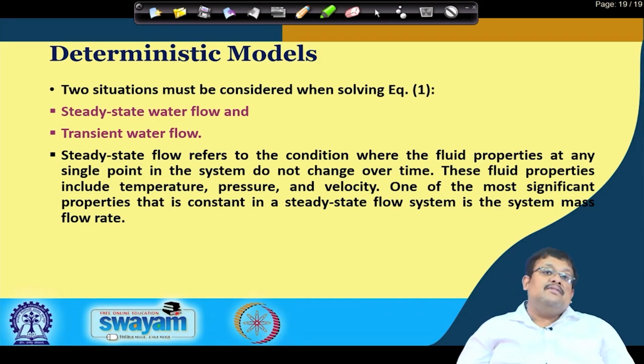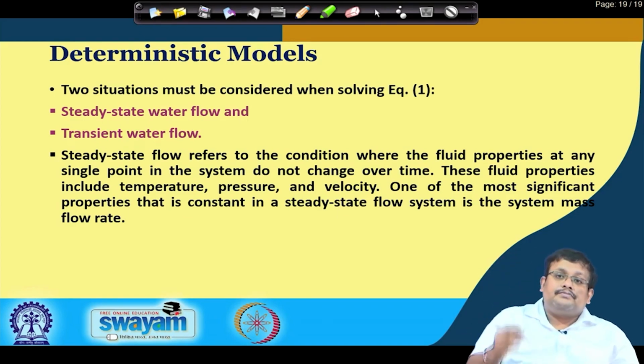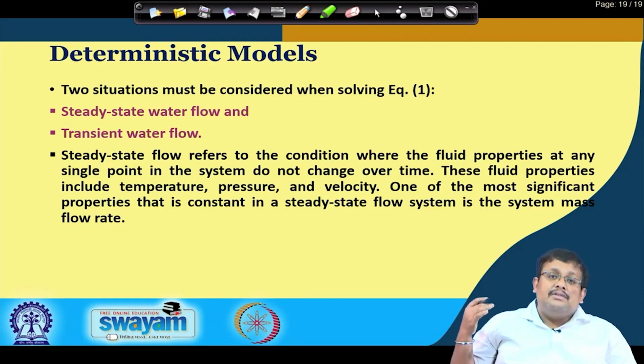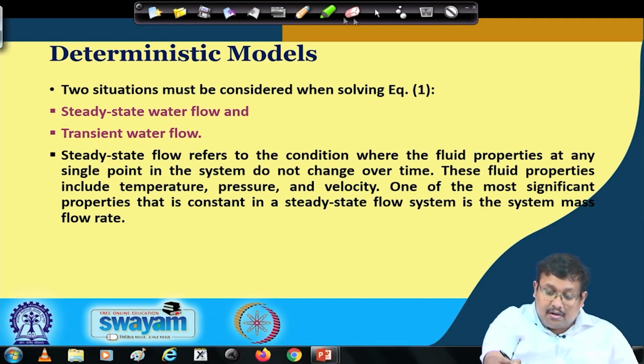One of the most significant properties that is constant in a steady state flow system is the system mass flow rate. So, the system mass flow rate is one of the important properties that is constant in a steady state flow. So, this is called the steady state flow.